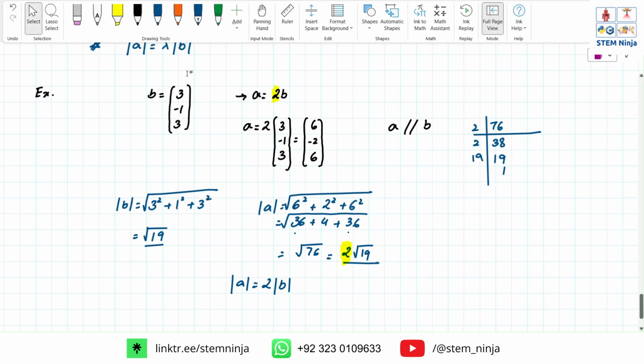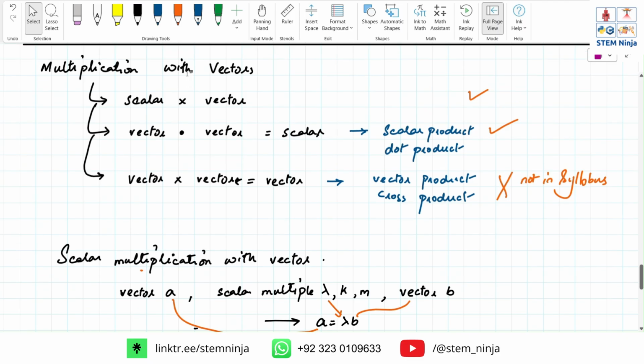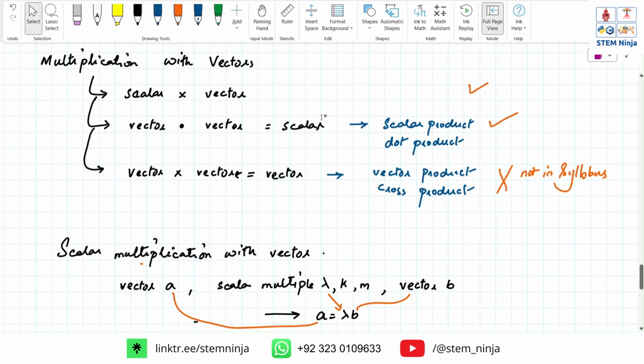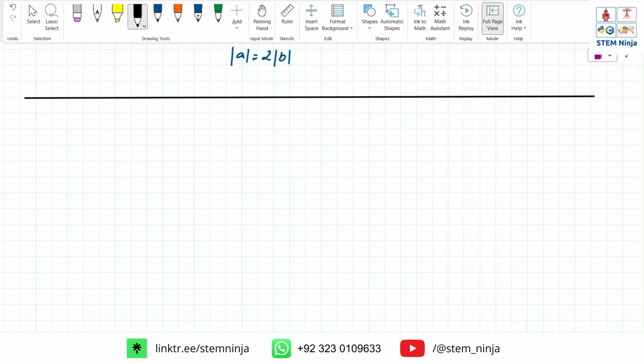Okay, moving on. This was the scalar multiplication with a vector. Now, a vector multiplied with a vector, the scalar product. So now it's an interesting thing. Scalar product.